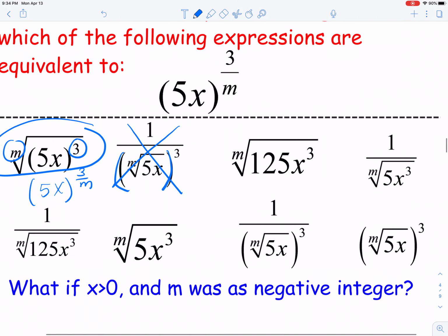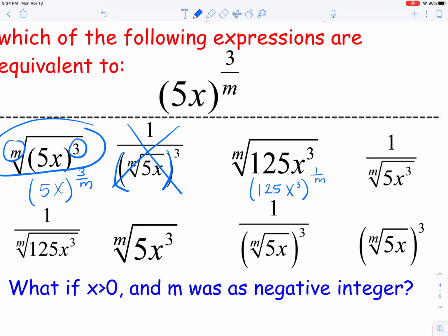The next one has 125 x cubed to the, let's say, 1 over m power. Right?